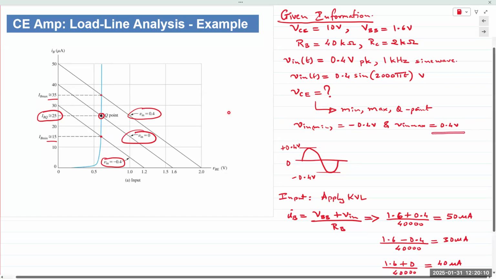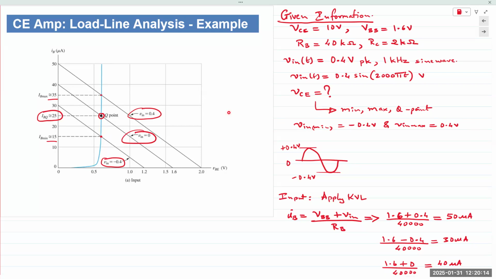Maximum is plus 0.4. Again, this is given in the value of V in of t, but it would be up to you as an engineer to interpret that. Okay, it's not from 0 to 0.4, it's from minus 0.4 to plus 0.4. Keep that in mind.